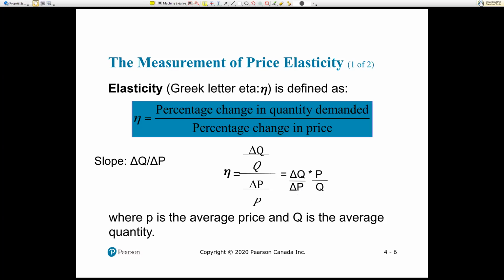And again, percentage change in quantity demanded divided by percentage change in price. So it could be, for instance, minus 2% divided by 1%.